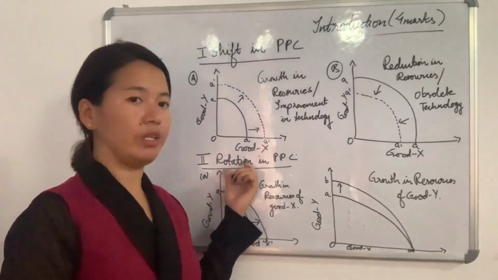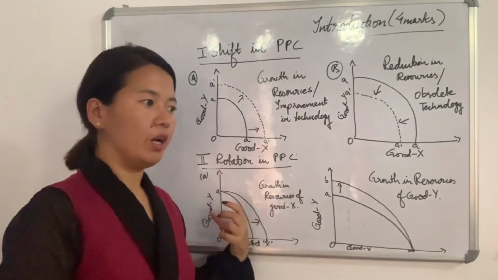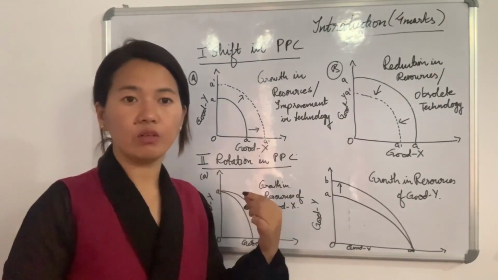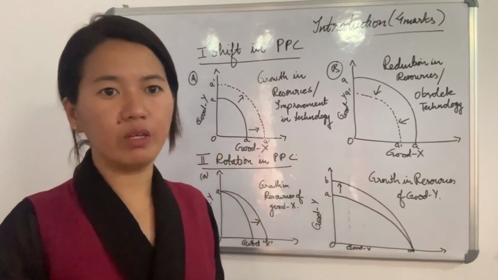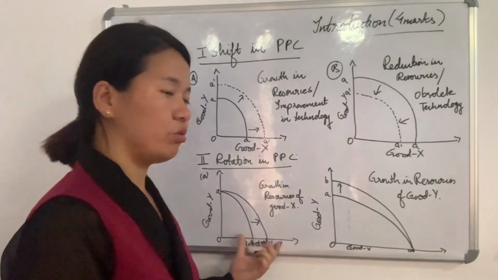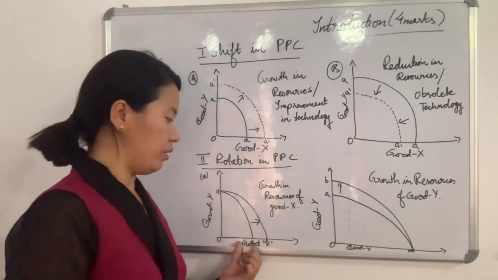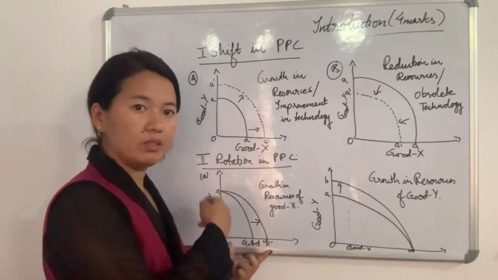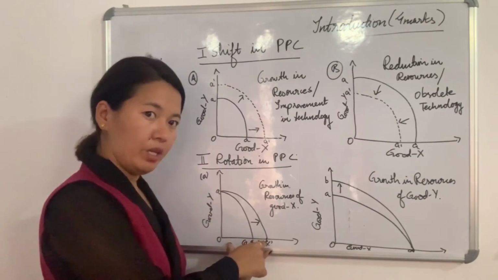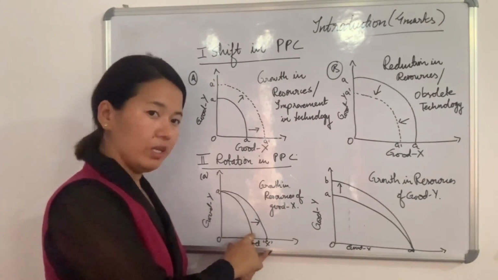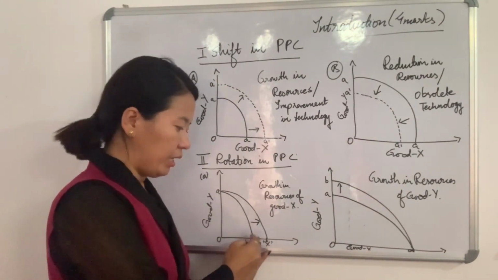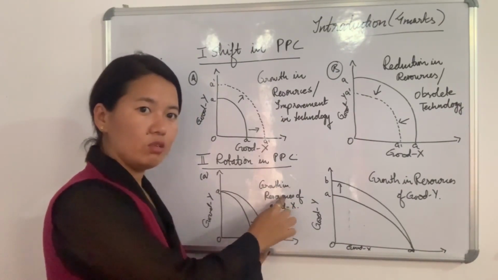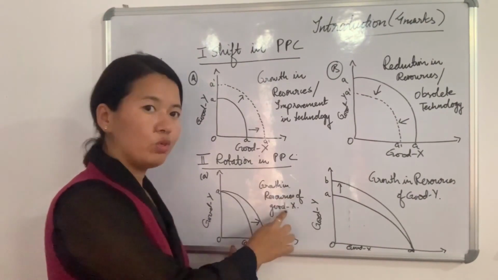Let's go to rotation in PPC. The PPC rotates outward or inward when there is an effect of resources and technology on only one good. Let's go to the first diagram. Here, AA is the initial PPC curve and the new PPC curve is AB, which means the PPC has rotated outward from A to B of good X, so there is growth in resources of good X only.